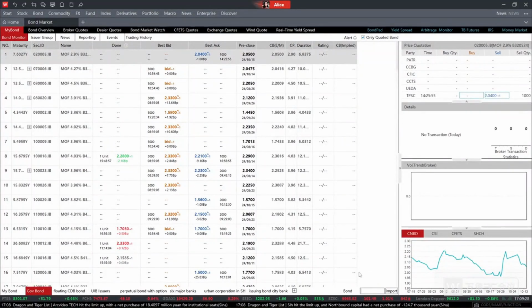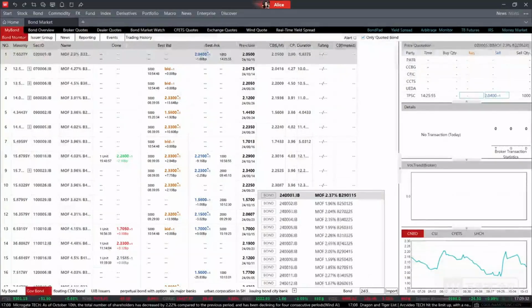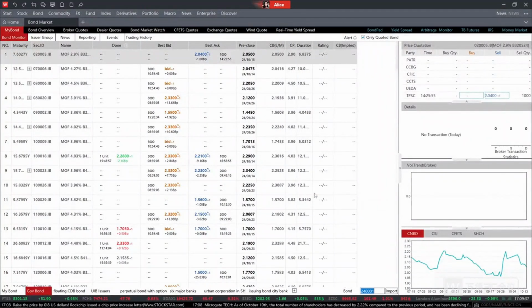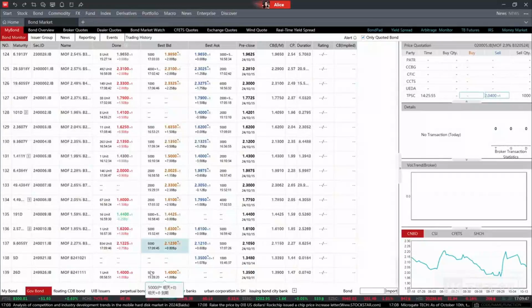For example, you can enter the symbol 240001, which is a bond issued by the China government. Once I enter it, we can see the bond added over here. So it is pretty easy and simple for you to find such a bond. Okay, so this is a pretty easy way to add any bond that you want, right?